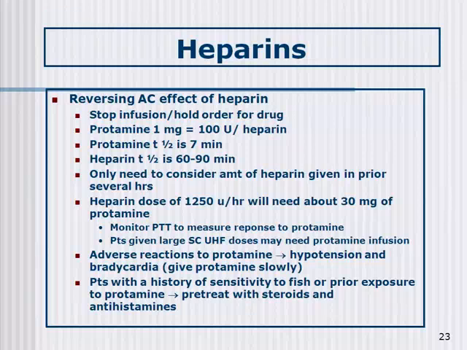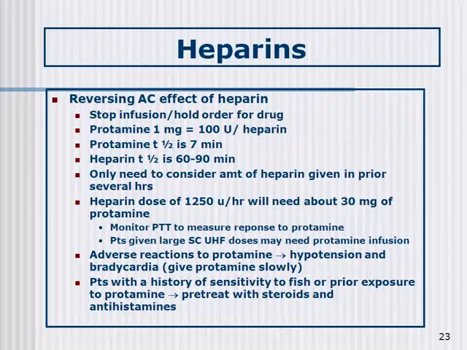So just as an example, you have a patient that's receiving 1,250 units per hour of unfractionated heparin, and they bleed. They have a significant drop in hemoglobin. You think that maybe it's a retroperitoneal bleed, and you want to reverse the effect of the heparin immediately. How much protamine would you need to administer? Well, the rough estimate is 30 milligrams.